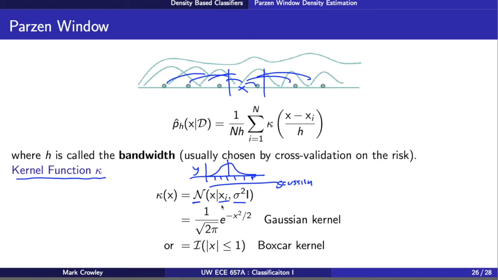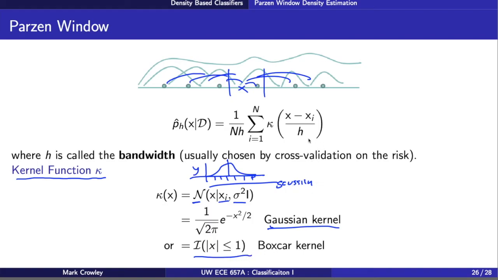But we can choose different functions for this. If we're using the Gaussian, then we use the Gaussian formulation. If we want something simpler, we could use our indicator function again and say, as long as the value of this is less than 1, then we include it.